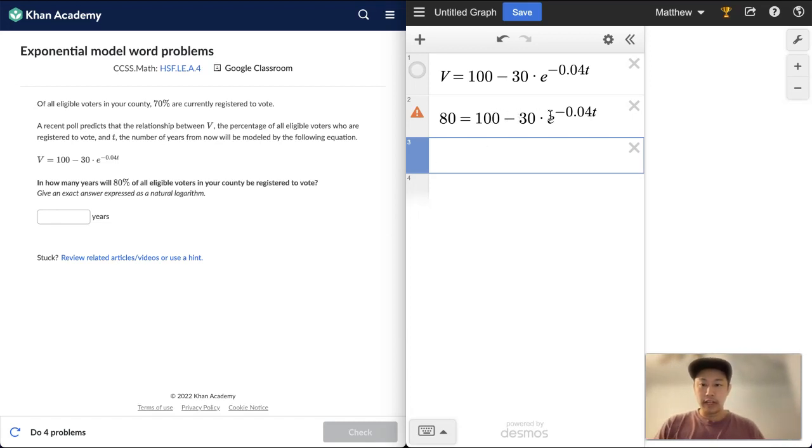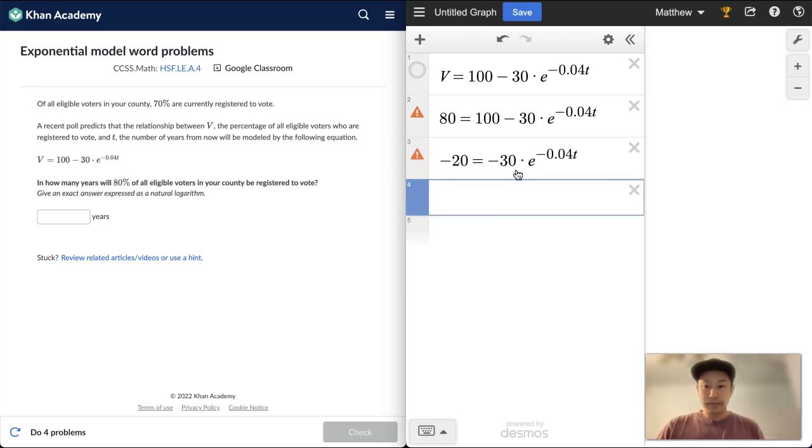Okay, so I'm going to first get this exponential term by itself. Two things: I've got to subtract 100 on both sides, and then I'm going to divide by negative 30. So subtract 100 on both sides. We get negative 20 here, and then the rest of this. And then I'm going to divide by negative 30. I'll show you the work here.